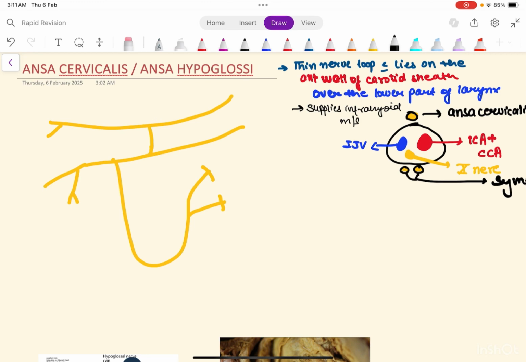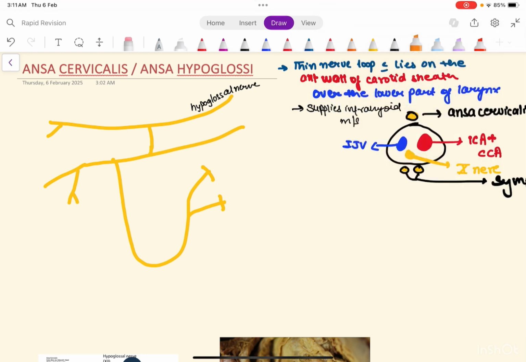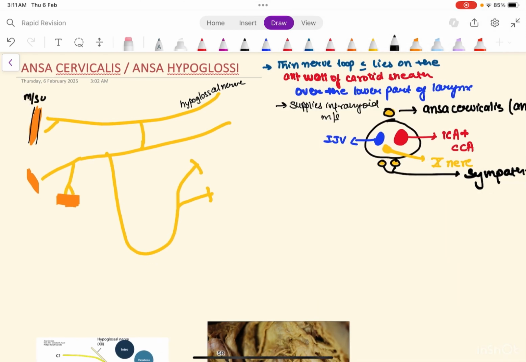I'll label it first. So first of all, this is our hypoglossal nerve, and it is going to supply the muscles of the tongue.